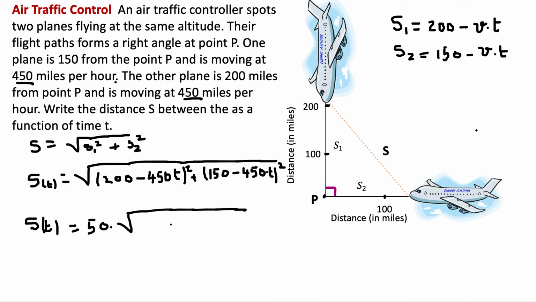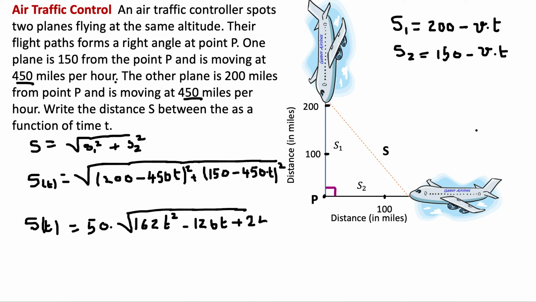It is equal to 162 t squared, when you clean up everything, t squared minus 126t plus 25.